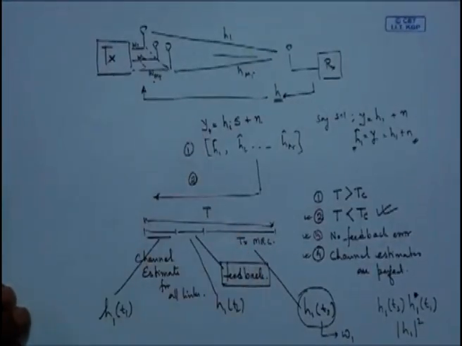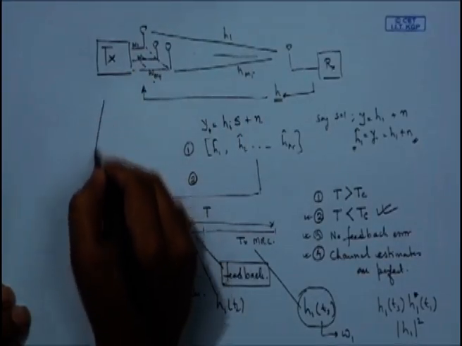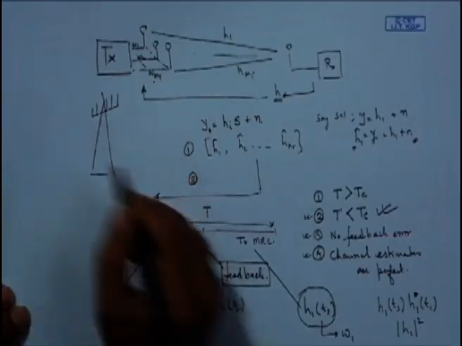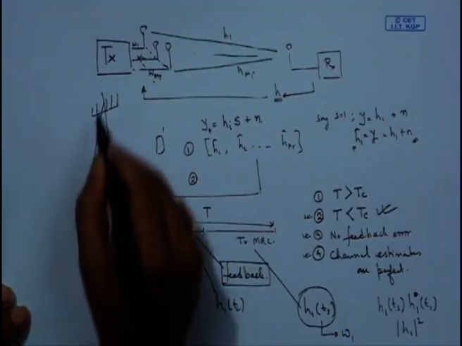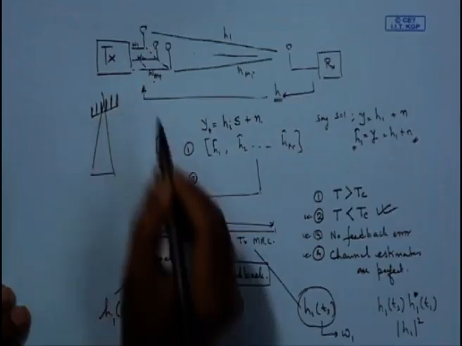I would like to add at this point, when we are considering the transmit MRC case, that means we are considering this expression, this particular scenario, this is very useful. Imagine a situation where there is a base station enabled with multiple antennas, whereas the user device is enabled with a single antenna. We'd like to do that because we'd like to have more processing capability, more cost at the transmitter.